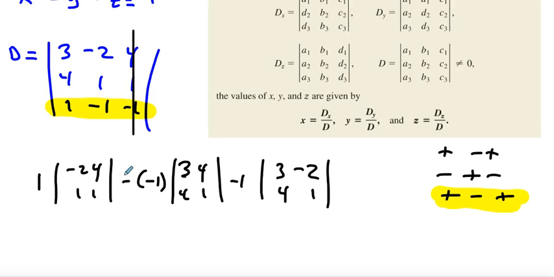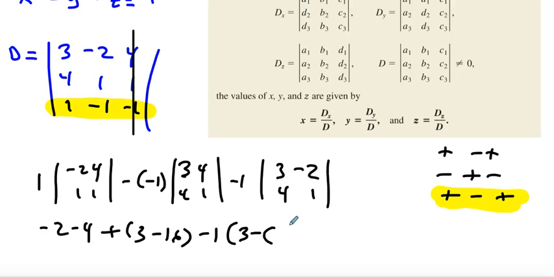So 1 times the first determinant: negative 2 times 1 is negative 2, 4 times 1 is 4, and we take the difference. Negative and negative is a positive 1, so I'm just going to leave that there. Then 3 times 1 is 3, minus 4 times 4 is 16. And then negative 1 times 3 times 1 is 3, minus 4 times negative 2 is negative 8.